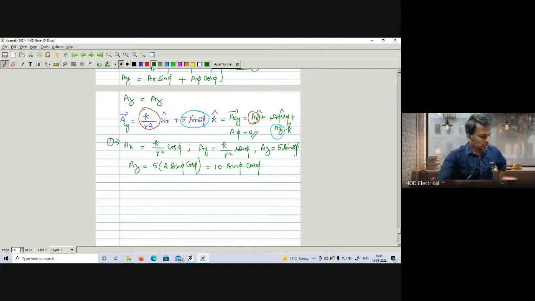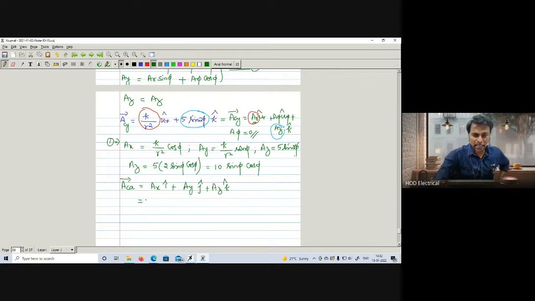So now we can write A in the Cartesian coordinate system as AX into I hat plus AY into J hat plus AZ into K hat.